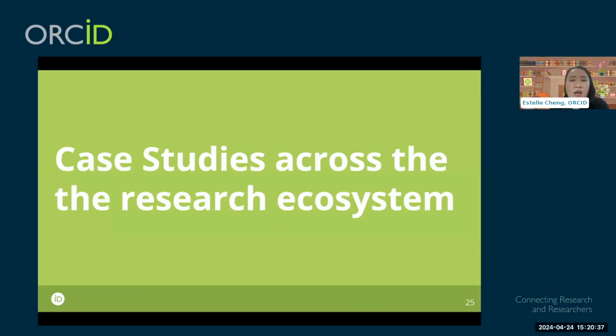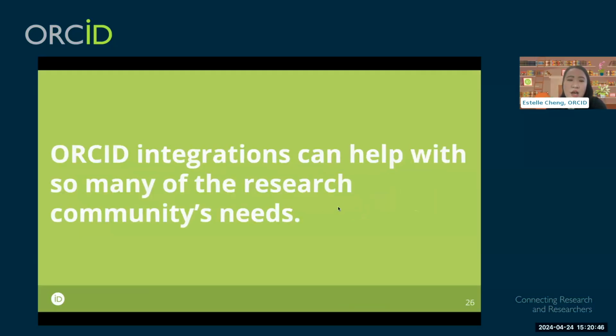And from now on, I'm going to share some case studies based on different research workflows. The reason why we are including so many different workflows is because we also want to share that ORCID is not only for manuscript submission. So far that may be, of course, a very important workflow, but ORCID also applies to different parts as well.